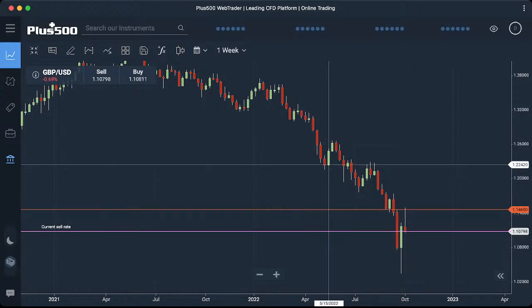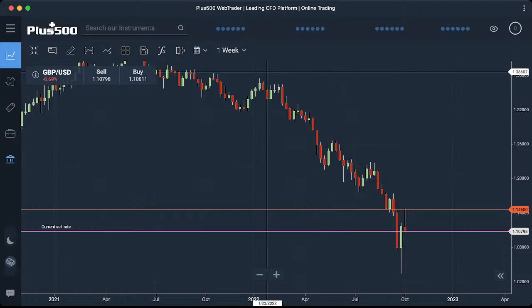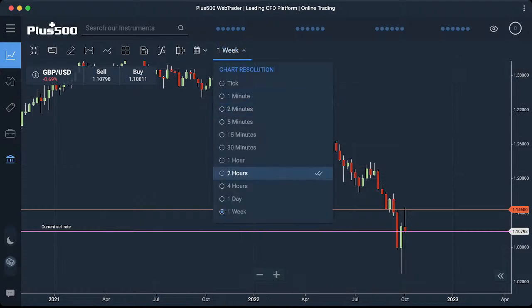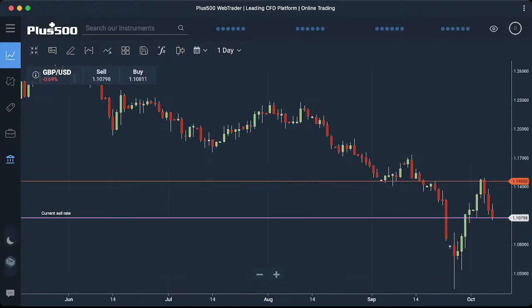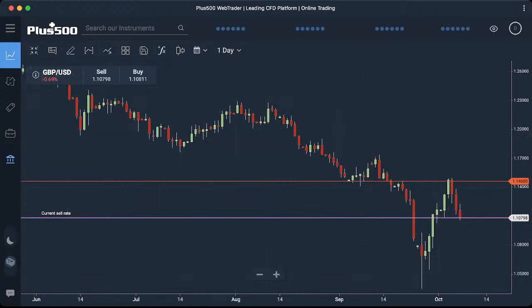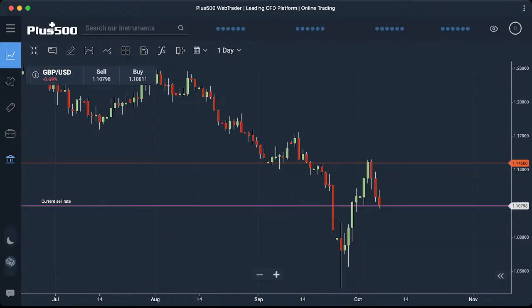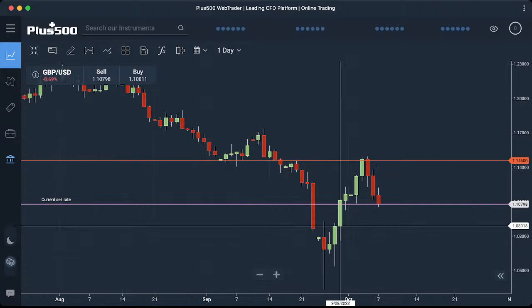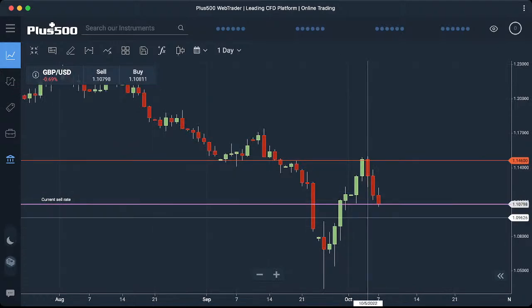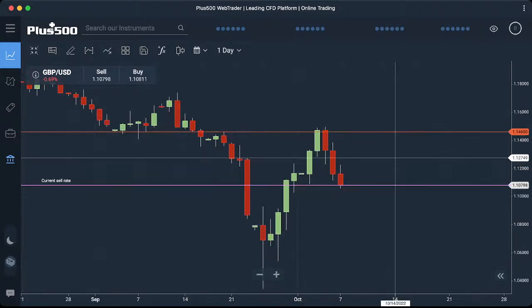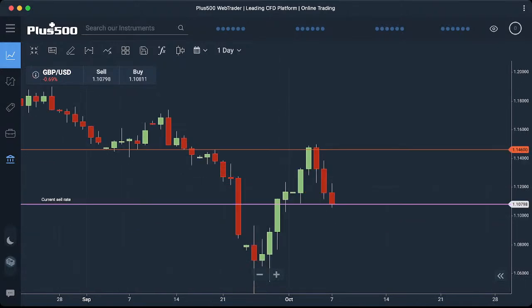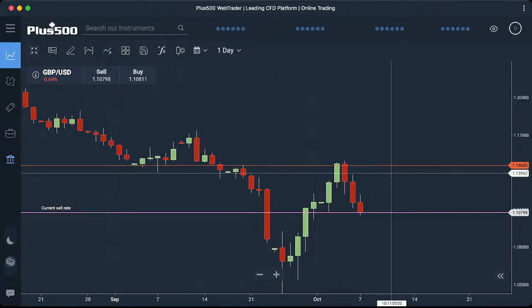Now let me just switch to the daily chart, and you can see how the price action started to go up last week. This was the price action of last week, and the 5 candles are showing us the Monday to Friday trading for pound dollar.